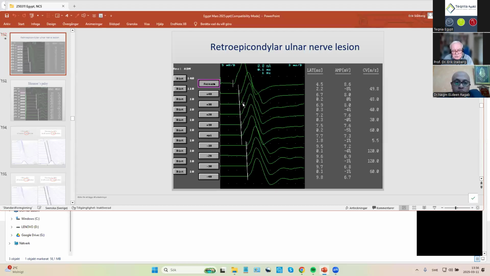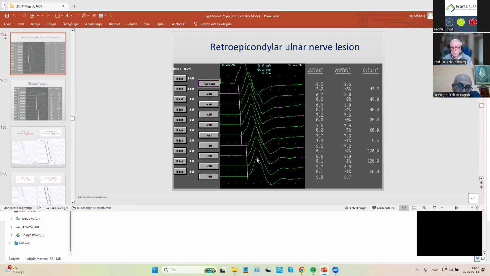Here you see it looks very nice, but maybe a little error here. You see velocity 49, 48, 40, 30, 60. You see it varies. So we think this line shows clearly that we have a delay here. And also, I superimpose to look at the amplitude drop between this group and this group. So we get both latency change and amplitude change.